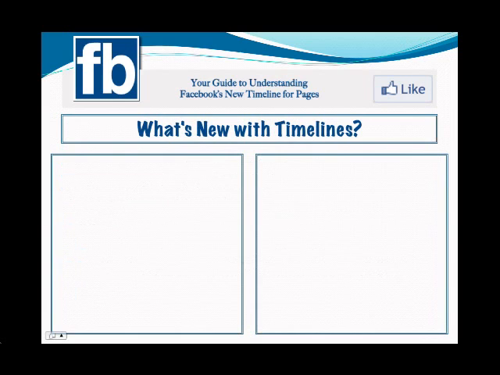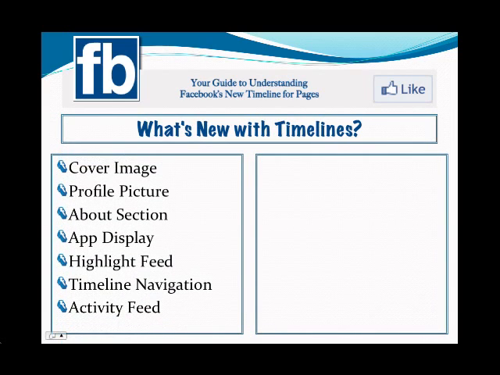So what exactly is new with the new timelines? Well, there is a fair amount. As we stated earlier, the cover image is a huge image that is placed on your page, and it stretches across the entire top of the page. And then the profile picture, which used to be fairly long and skinny down the left-hand side of your page, is now a square.